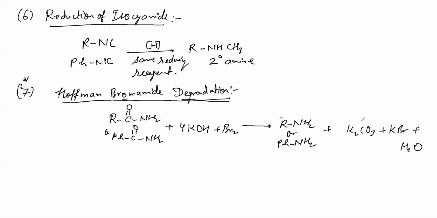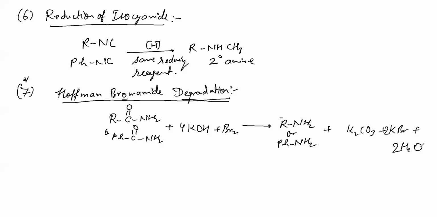It will be 4 KOH, 2 KBr, 2 H2O like this. Please note, then I will say the mechanism. Written?